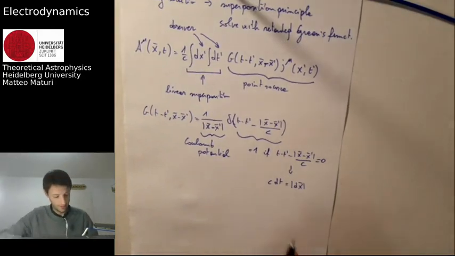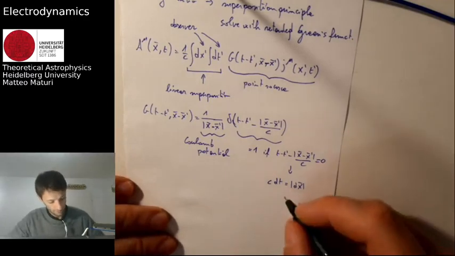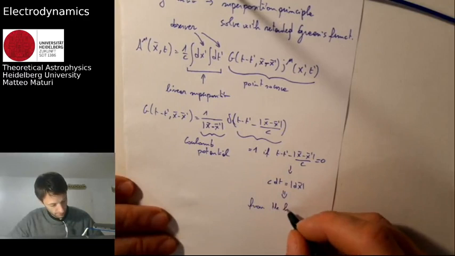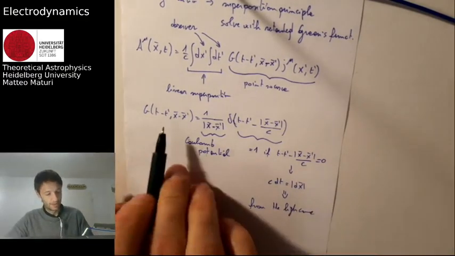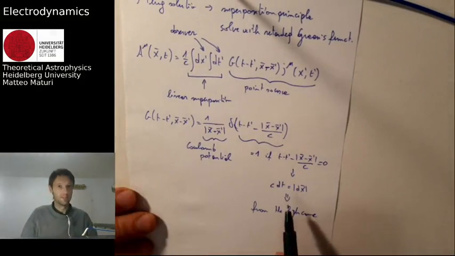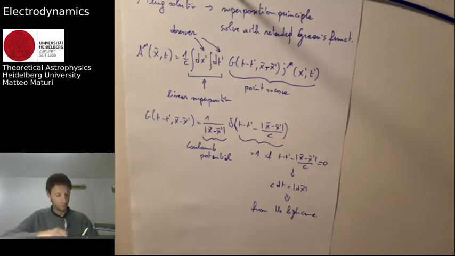Okay, what's that? Does it sound familiar? Does it look like the light cone? Because what we perceive as a potential in a certain position is basically given by the contribution of all of the particles that are living on the back light cone.